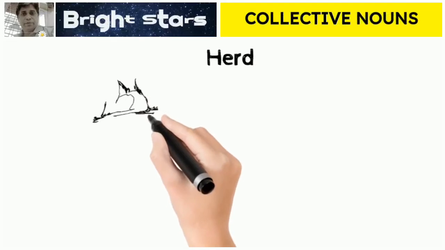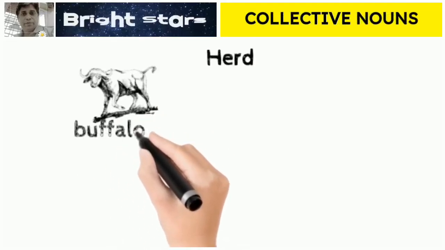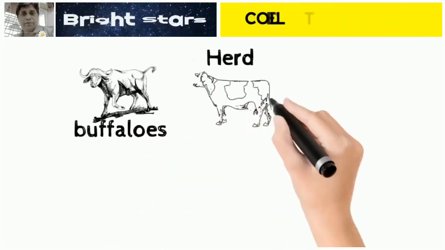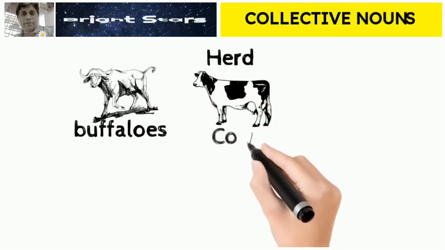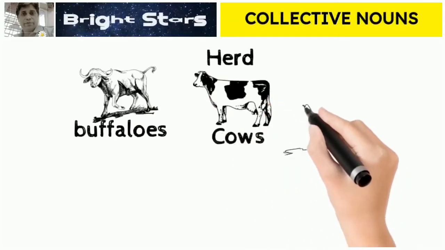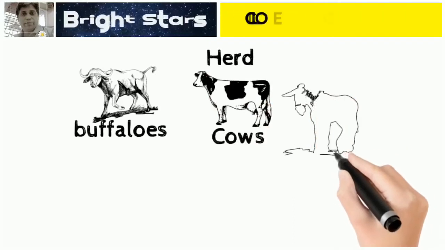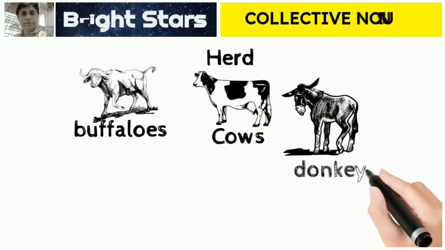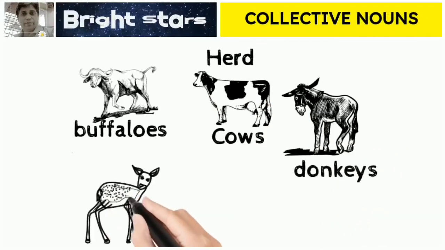Herd is a collective noun which can be used for buffaloes and cows. Next one is donkeys, a herd of donkeys.